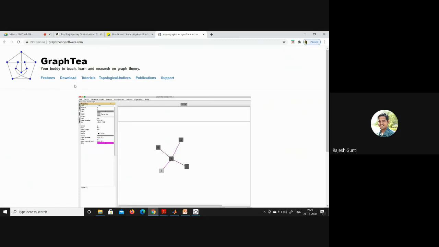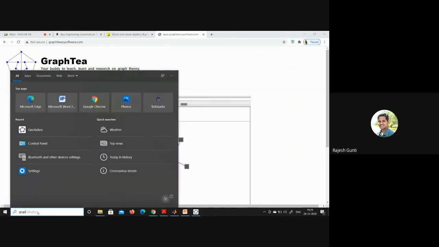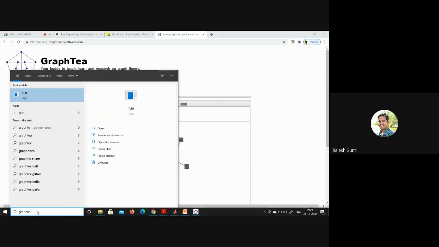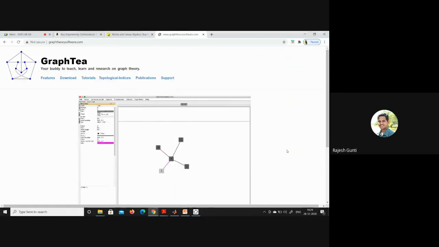This is a free download, you can easily download it. GeoGebra is also free. If you download this software, we can easily draw the diagrams. I think I have Graphviz software. No, I don't have it. Okay.